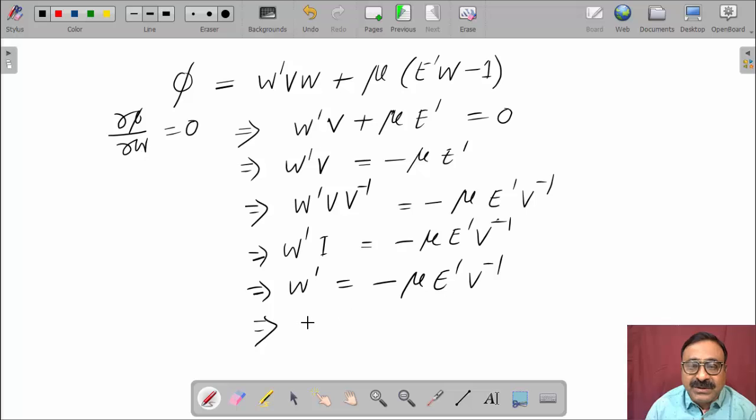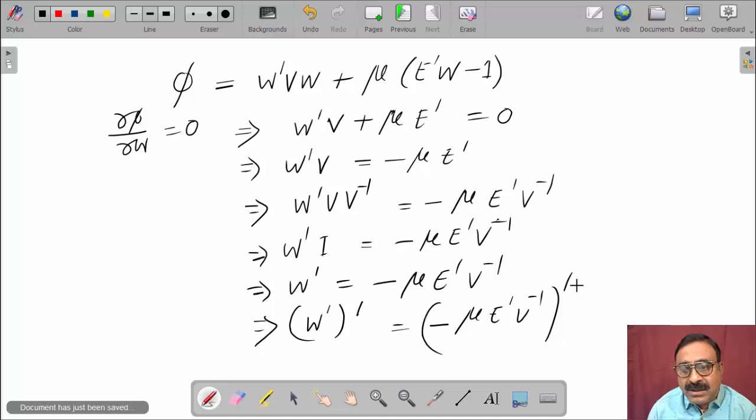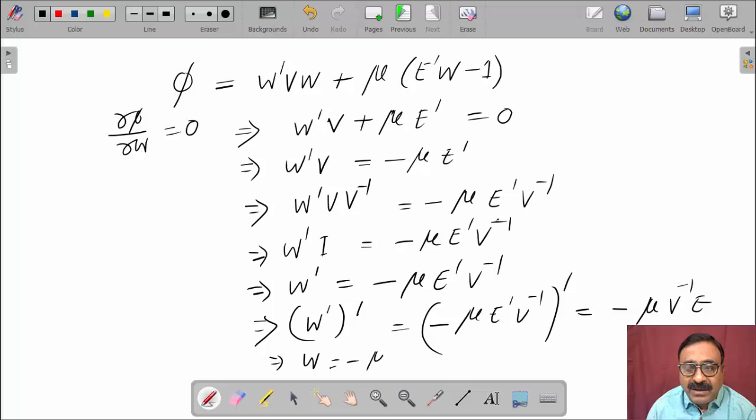Now taking the transpose on both sides, w dash transpose is equal to minus mu E dash V inverse transpose, that is equal to minus mu V inverse E. So that implies w equals minus mu V inverse E. Now this is equation 1. Since E dash w equal to 1.